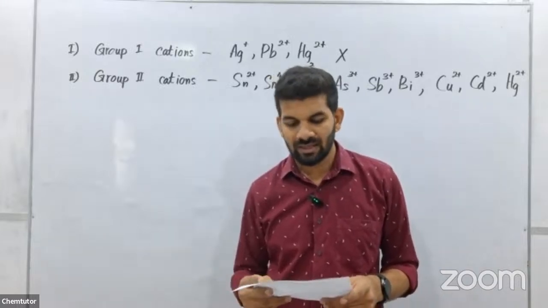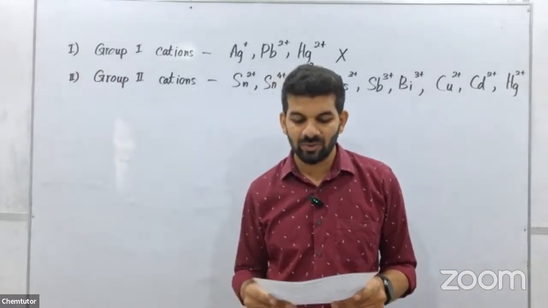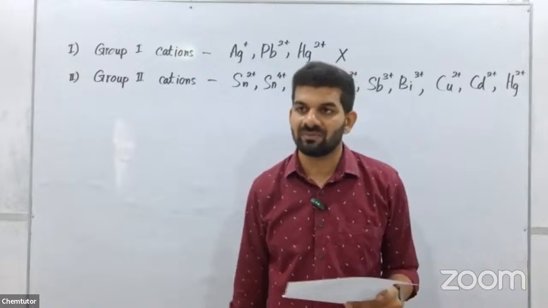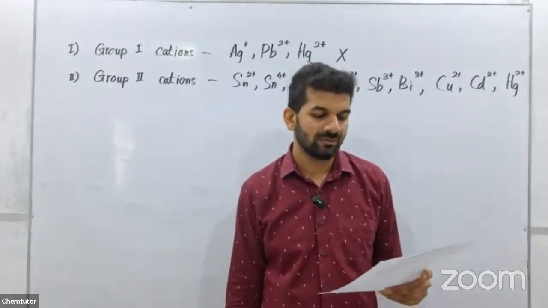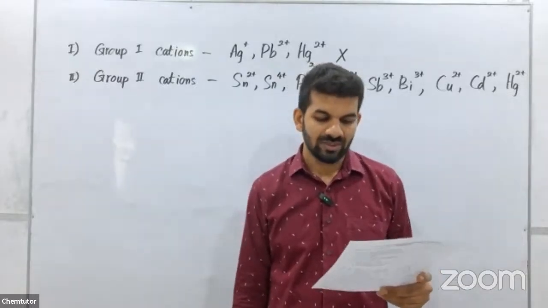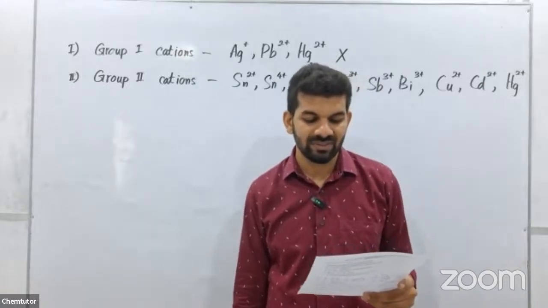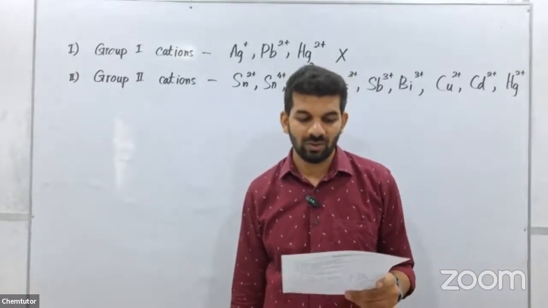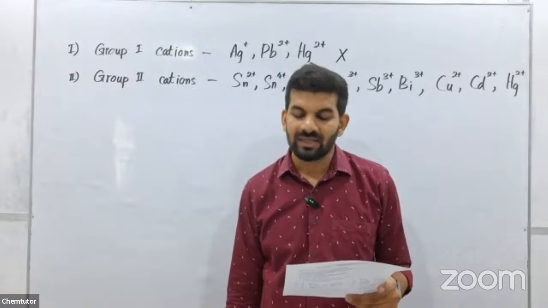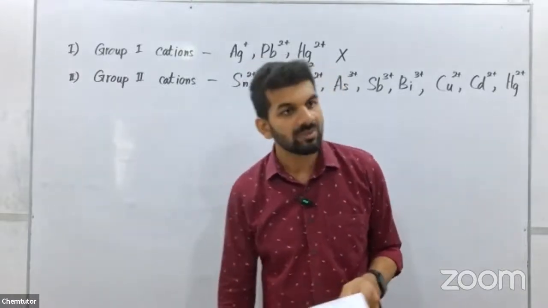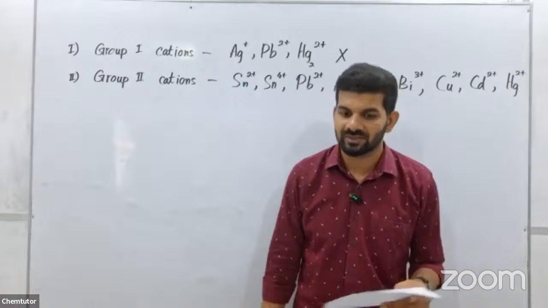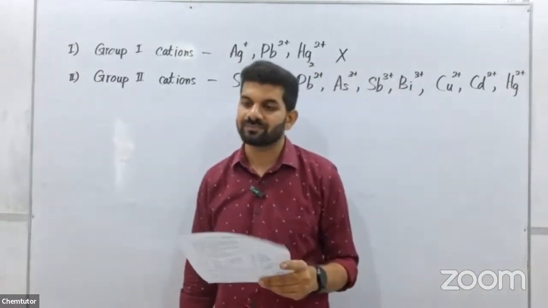And out of those sulfides, the yellow precipitate is given by cadmium sulfide. So therefore, when excess H2S is added with dilute HCl, the yellow precipitate is given. That means it shows the presence of cadmium 2+ ions. Right. So we can explain the third one like this.